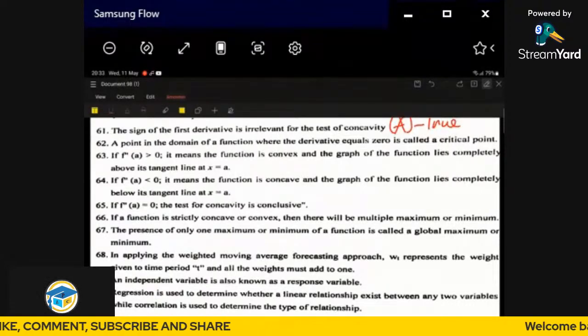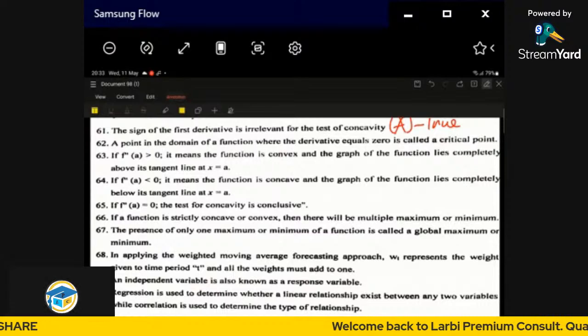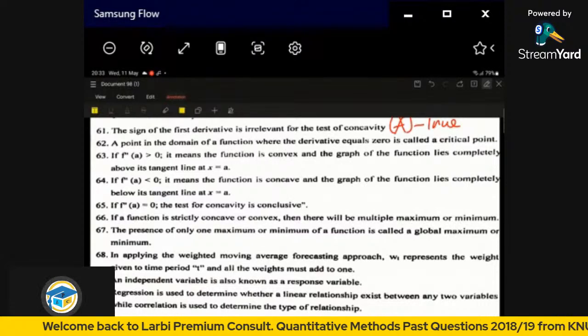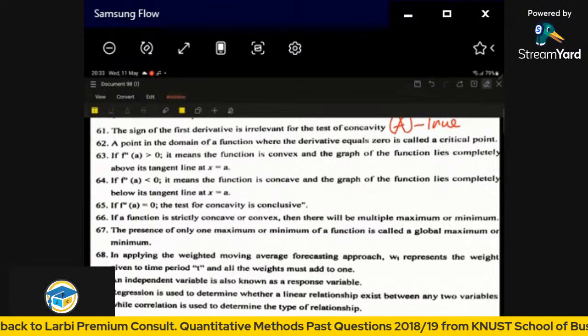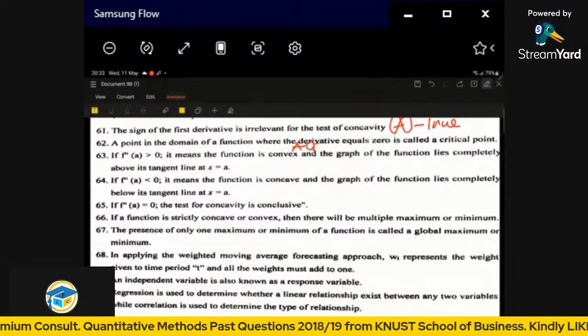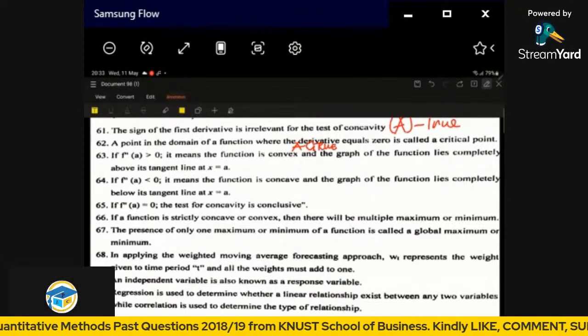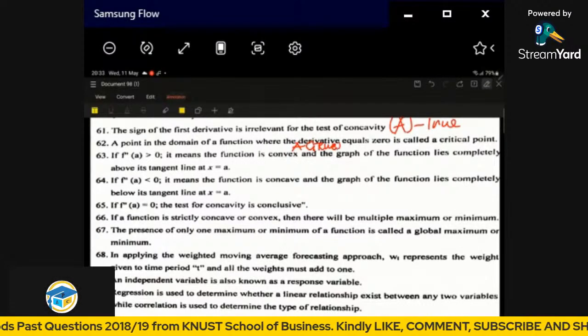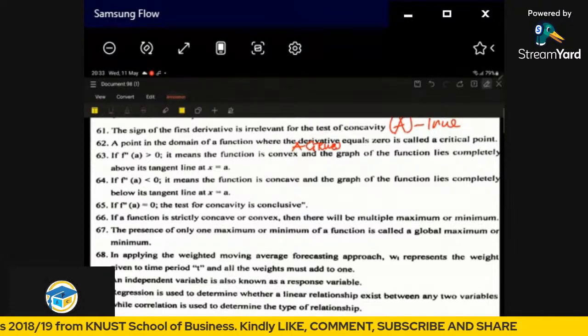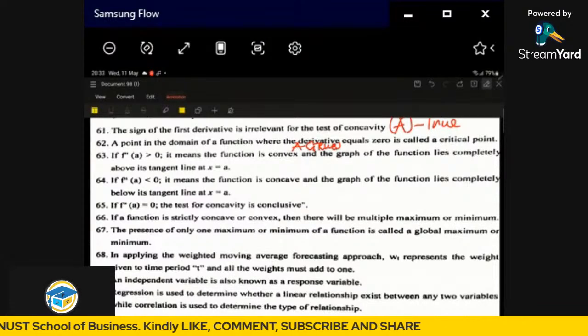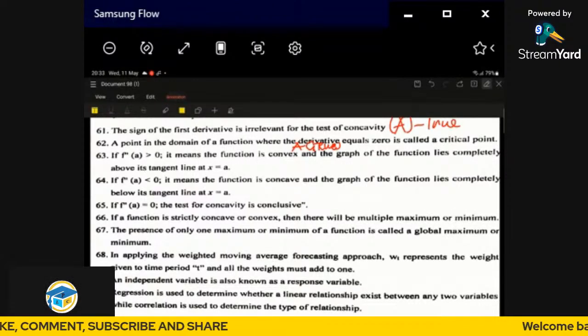Is that okay? So at this point, we can say that 62 is also true. So you shade A. I don't have space for it, so that's why you see me writing here. So this statement is also true. So you shade A on your scannable sheet, assuming you are the one answering this in an examination condition.